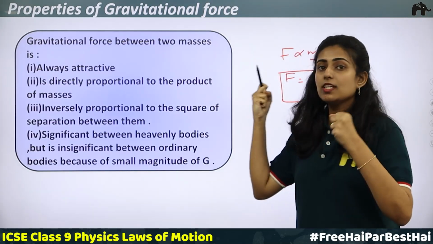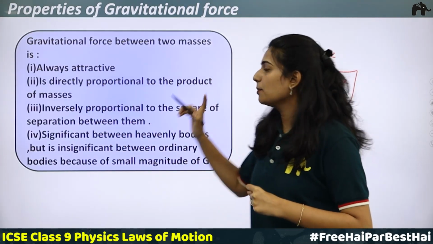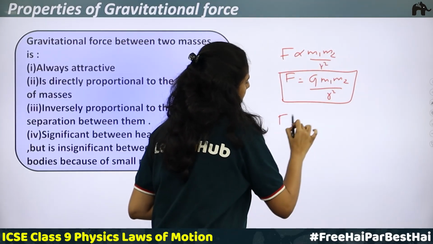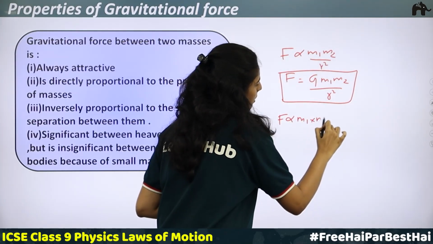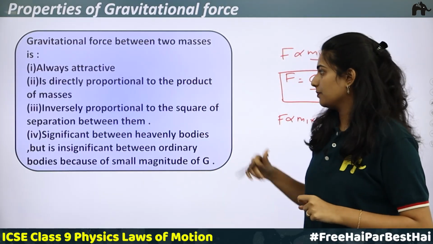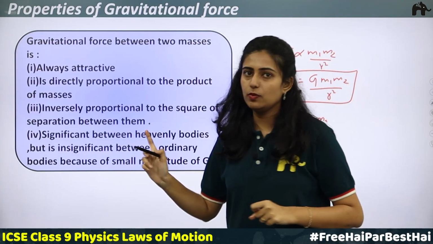Between m1 and m2 there is an attractive force. Second point, directly proportional to the product of masses. Yes, F proportional to m1 into m2, from which we have the universal law of gravitation.